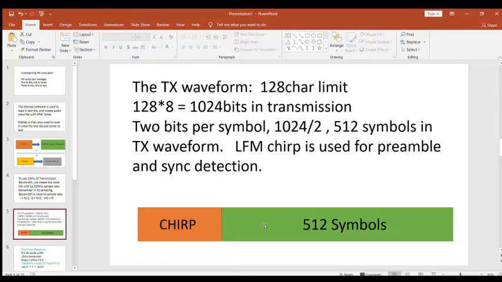Yeah, you could look for a rising pulse and things like that, but a chirp is a clever way because now we can exploit the match filter to find this chirp first, and then once we find the peak, which will be right here, right, then we know the next 512 symbols is the start of the transmission. Pretty simple.